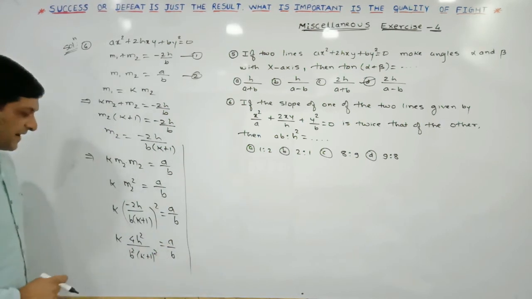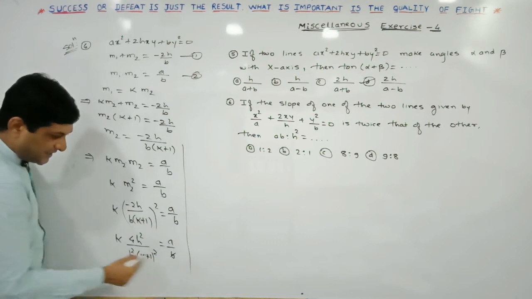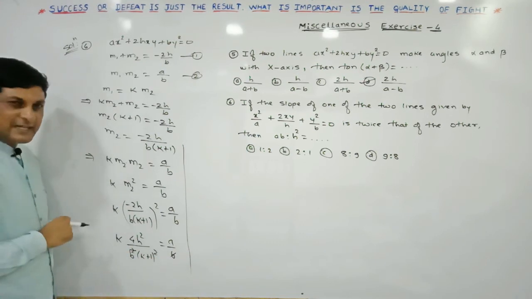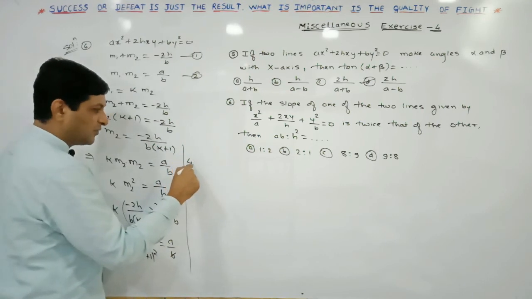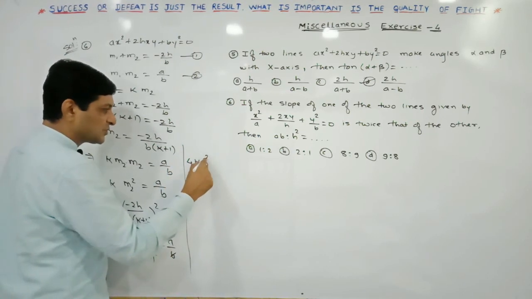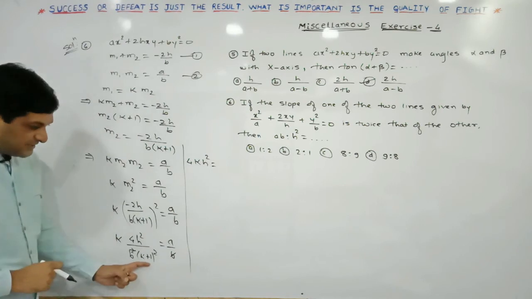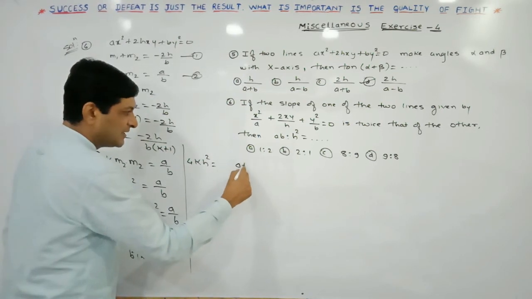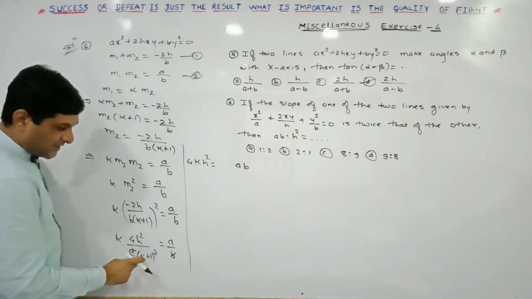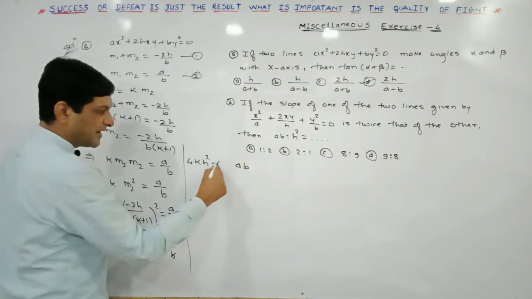Now let us simplify it. We can observe that this b and one b from this side will get cancelled. Here 4k into h square will be 4k h square, and on this side, if this term gets multiplied, b into a will be ab, and k plus 1 whole bracket square gets multiplied on this side.